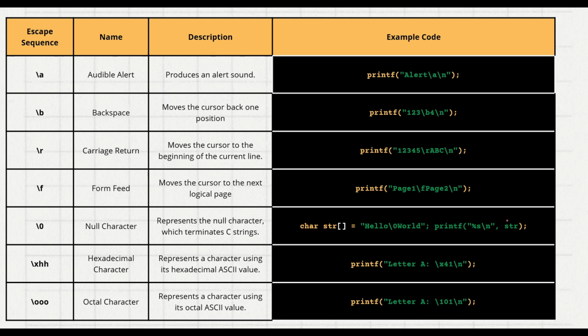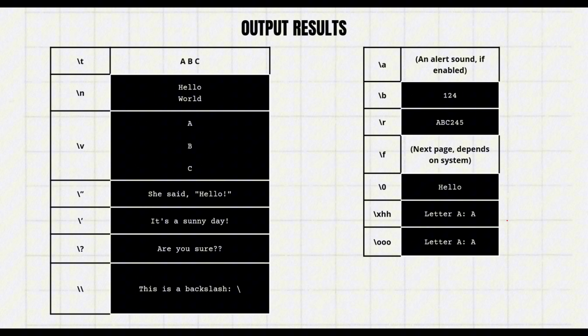In this code, the octal 101 corresponds to the letter A. Here are the output results of the code mentioned in the recent slides. You can see the output above.